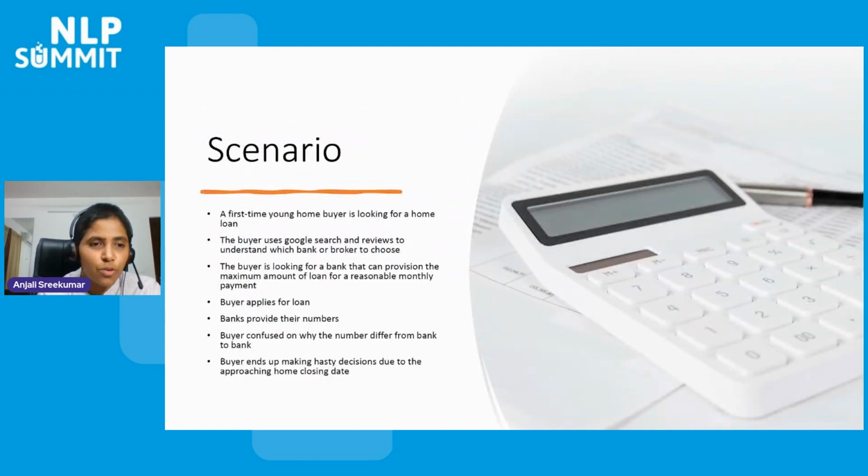This is a common scenario of a first time home buyer who is looking for a home loan. Most of the time we see that a large proportion of these home buyers end up taking loans from banks which their families suggested, or they go with a hasty decision just because they are closer to the closing date, and end up with a lack of clarity as to what they're getting themselves into when they are purchasing a home and getting into a mortgage.